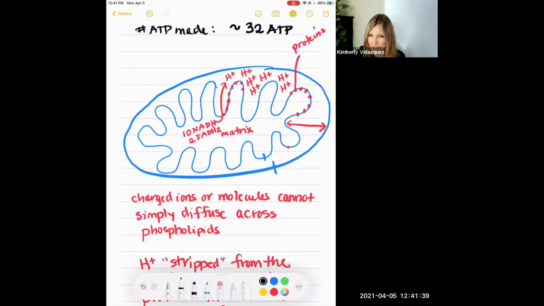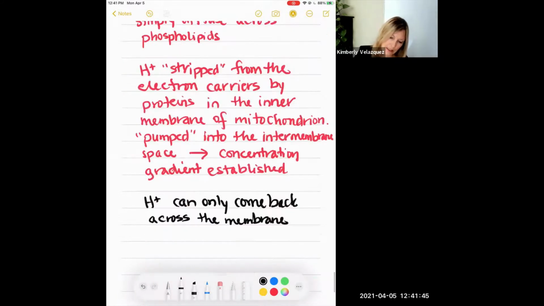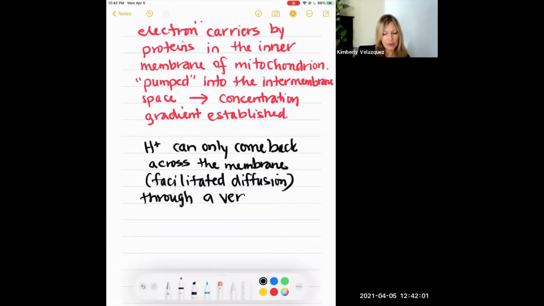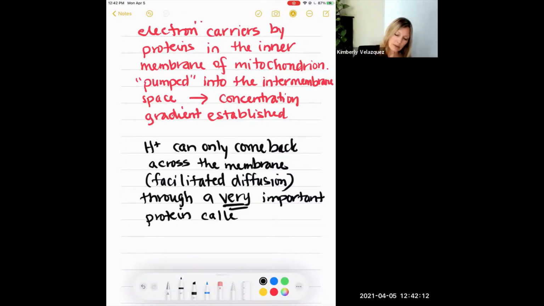So now through facilitated diffusion, they're going to come across a very important protein. They can only come back across the membrane by what's called facilitated diffusion, through one of the most important proteins in your body, and it's called ATP synthase.